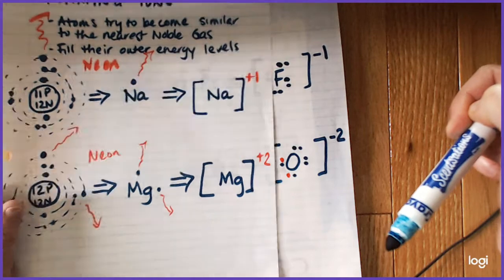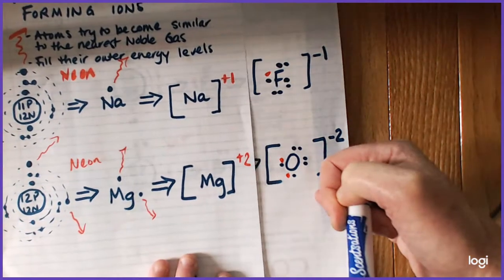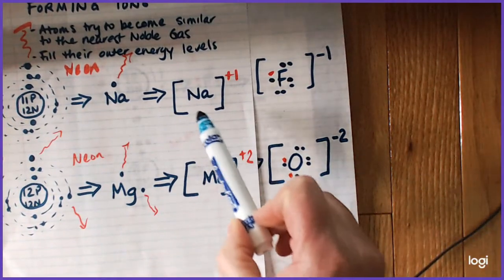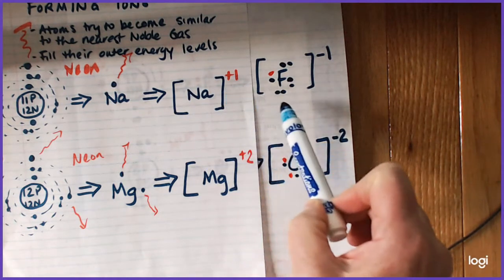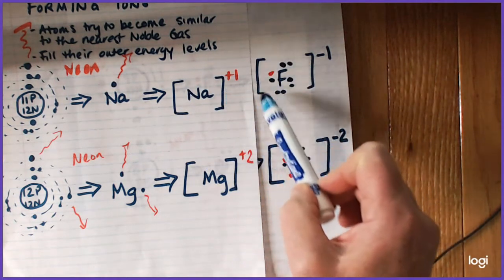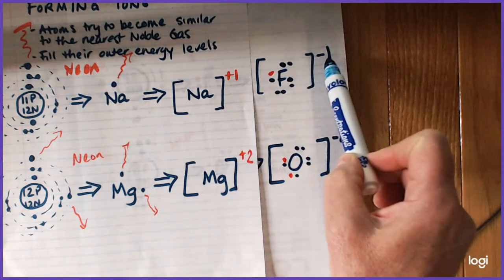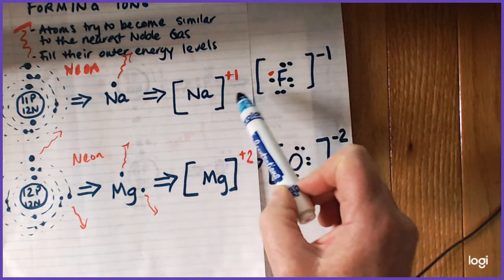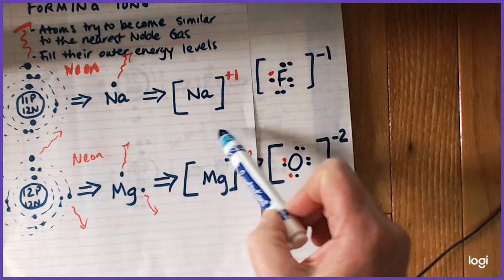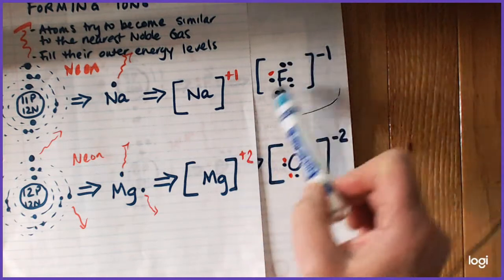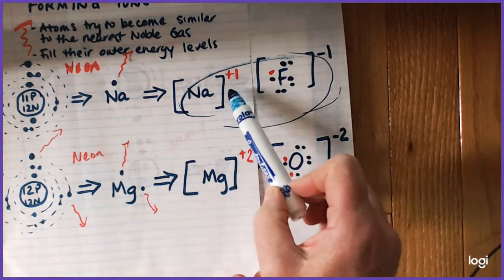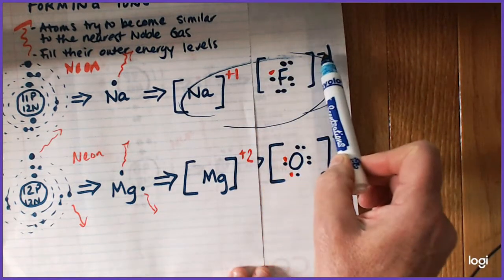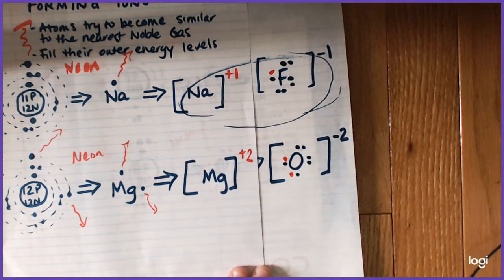We have a positively charged metal, +1, and a negatively charged non-metal, -1. If these guys can be electrically attracted to each other and form a compound, look at the overall charge, +1 and -1, the overall charge becomes neutral.